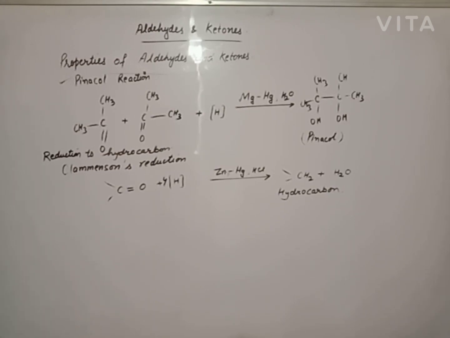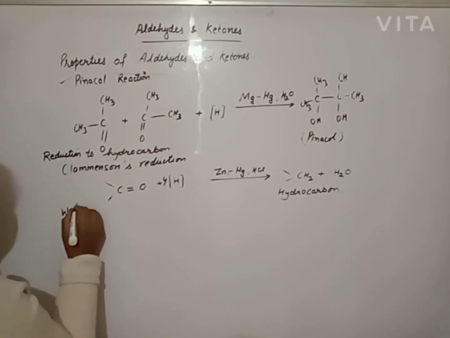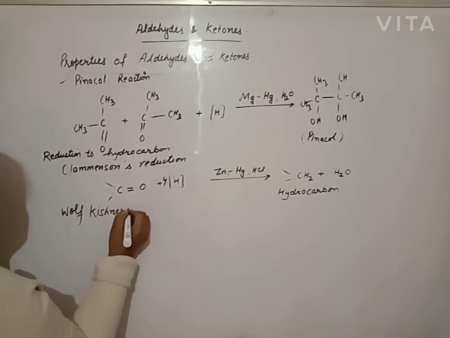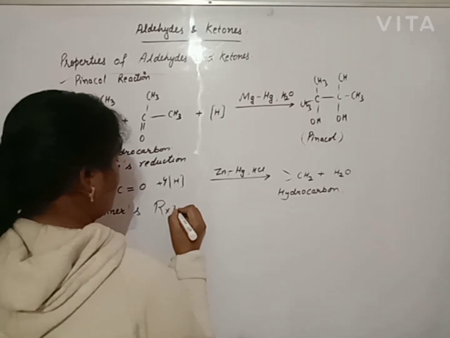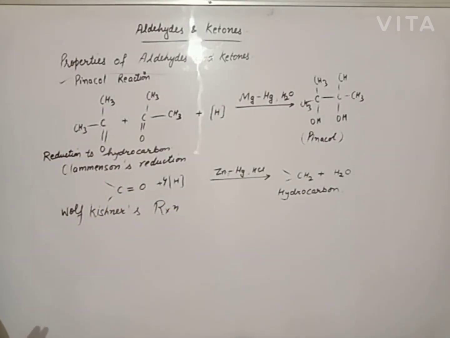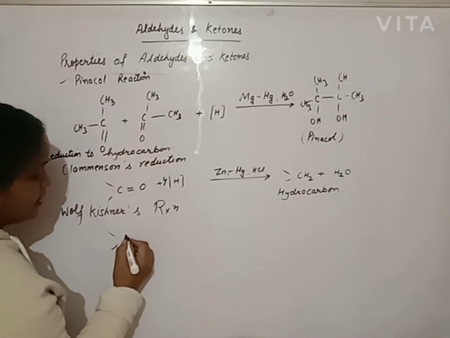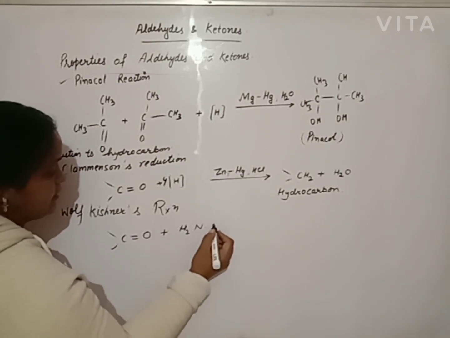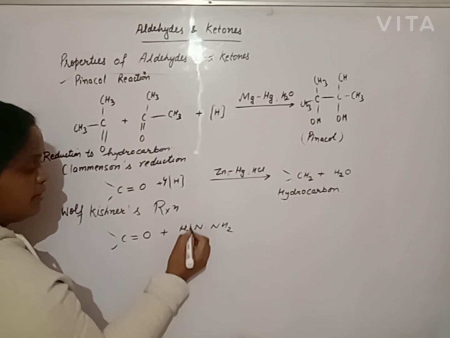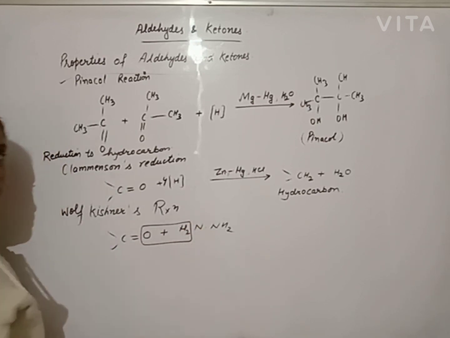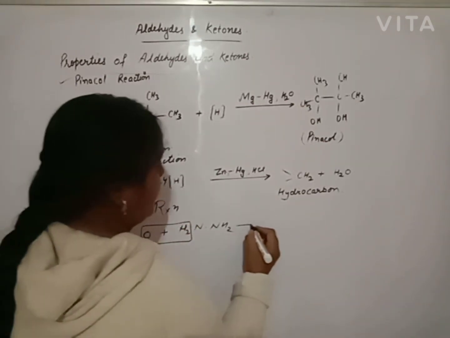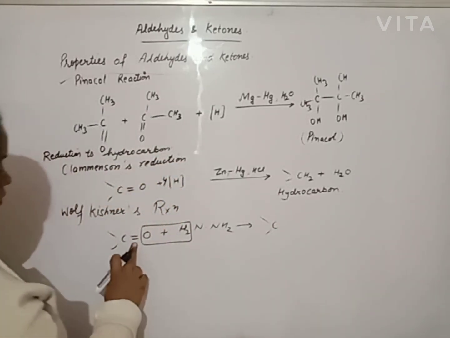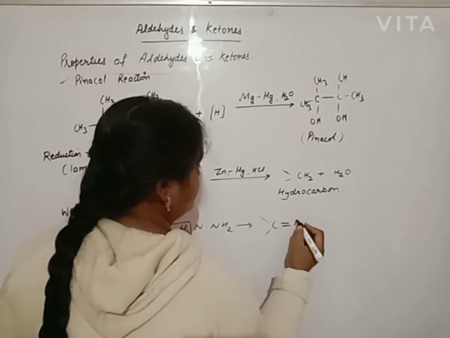Now another one is the Wolff-Kishner reaction. In this case, either aldehyde or ketone reacts with hydrazine. So, beta, hydrazine is this one. They will release water to give hydrazone.